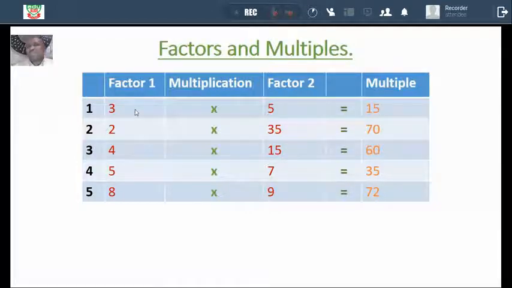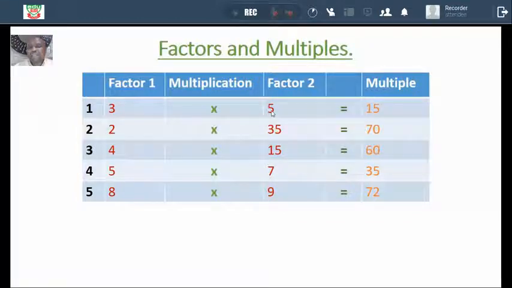Furthermore, it means if we take the multiples of 5, 15 is going to be part of that group. Now let's do the multiples of 5: 5, 10, 15. So we got 15 in the multiples of 5.